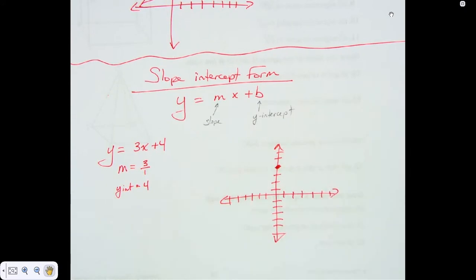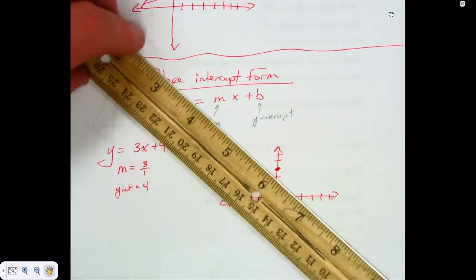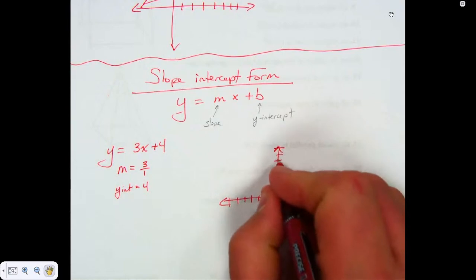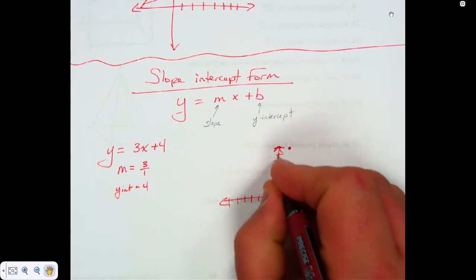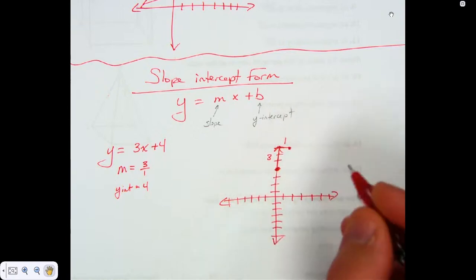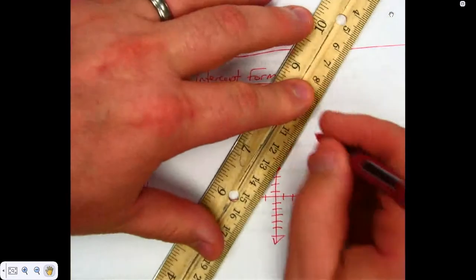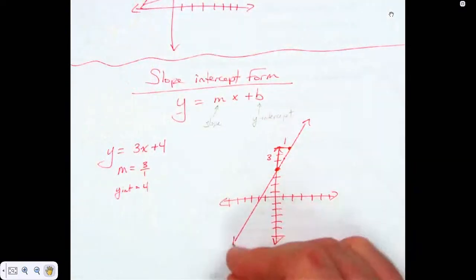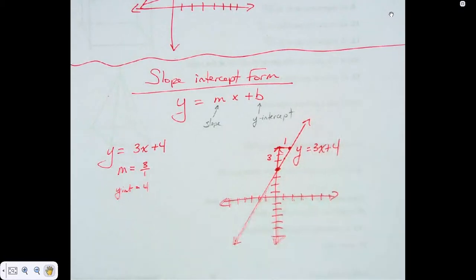So that's right there, isn't it? Now, I could draw a lot of lines through that, couldn't I? Yes. I need to figure out how it's shaped. For every 1, 2, 3 I go up, I'm going to go 1 to the right. Then I make another dot. Then I simply draw a line through it, connect the dots. And I have now graphed y is equal to 3x plus 4.